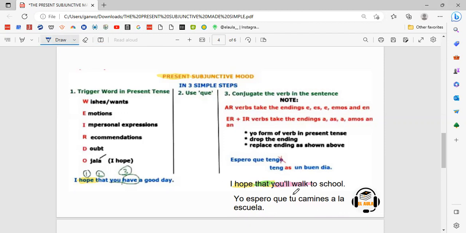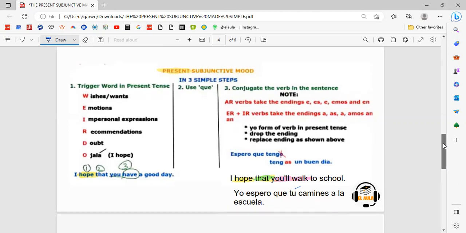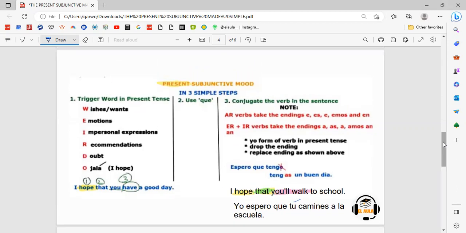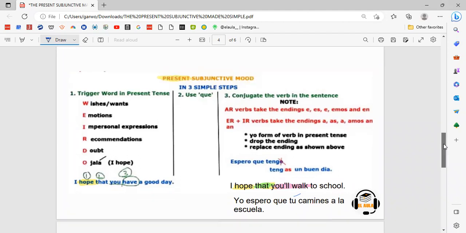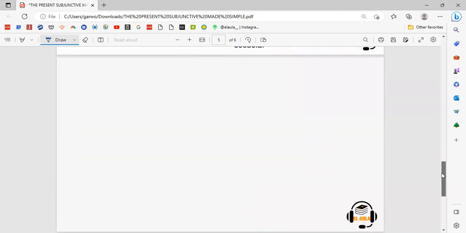So we're going to practice just a bit more using the same steps that we just talked about. Okay.